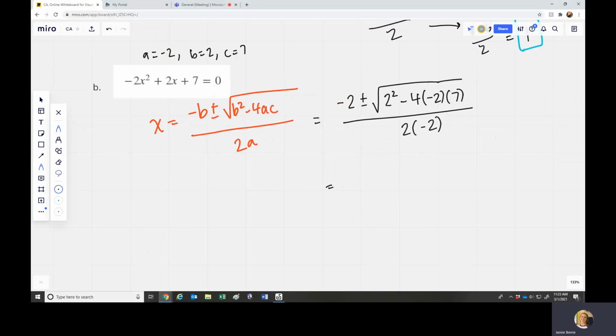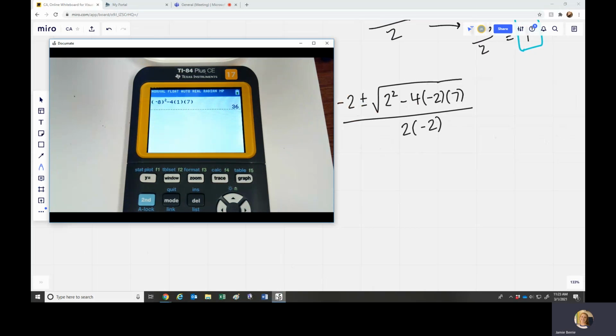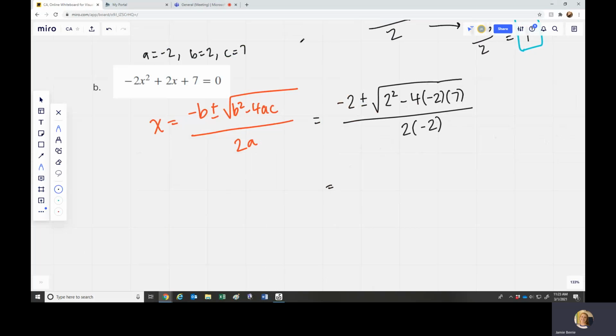So let's plug our radicand into our calculator. We have 2 squared minus 4 times negative 2 times 7. So that's 60. That's not a perfect square, but that's okay. It's okay if you don't get a perfect square. So we have negative 2 plus or minus the square root of 60 over 2 times negative 2, which would be negative 4.